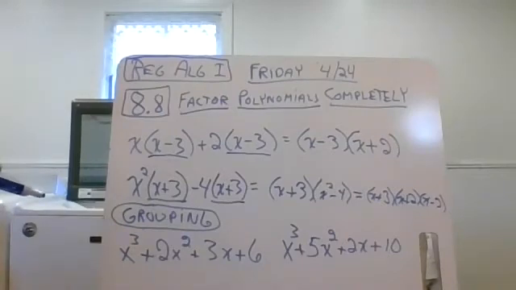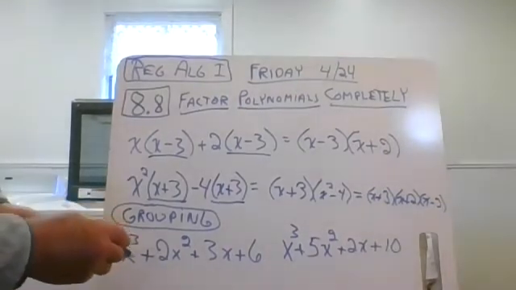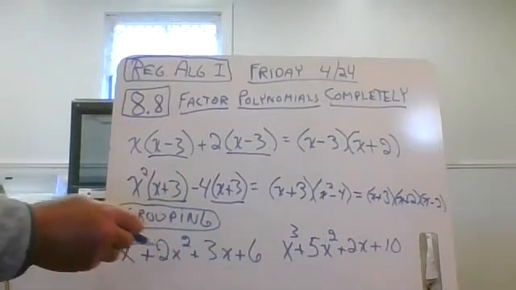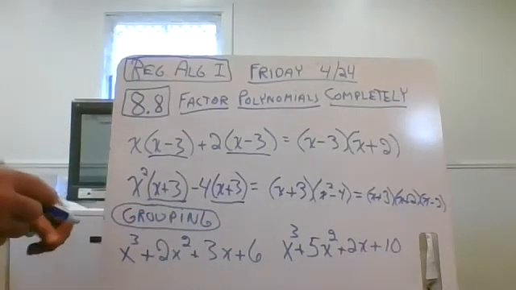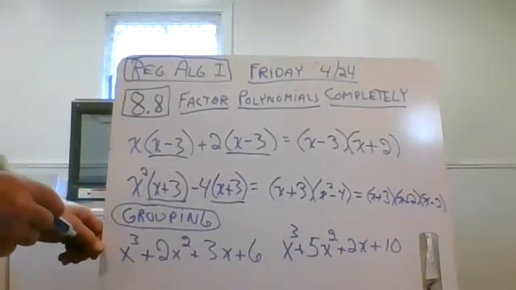You've been factoring 3 terms, trinomials, in the other section. You've had to do trinomials. Now you have 4 terms, and you have a special method called grouping to factor this.